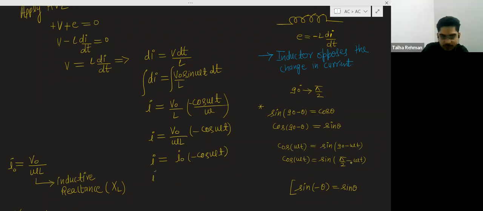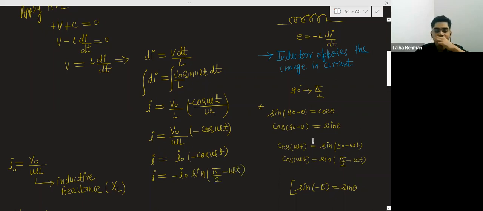This equation, I is equal to minus I naught, and this cos omega t can be written as sine of pi by 2 minus omega t. This is the trigonometry of 10th class. I have written all the related formulas so that this will be easy for you. So, sine of pi by 2 minus omega t.